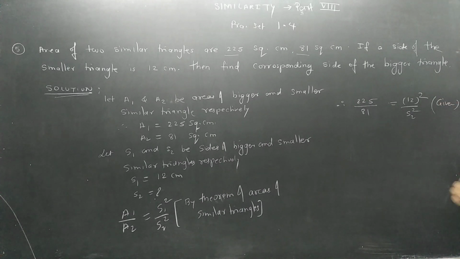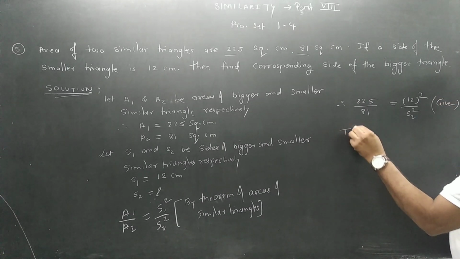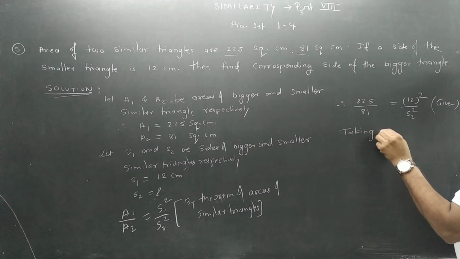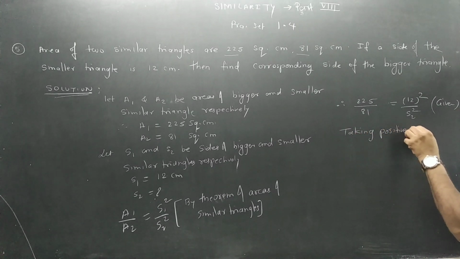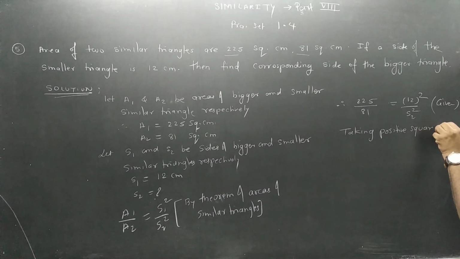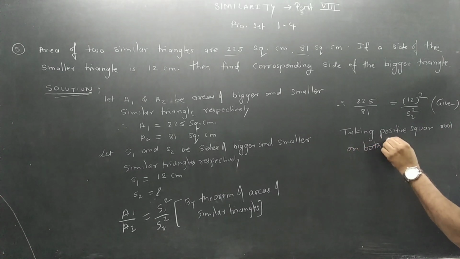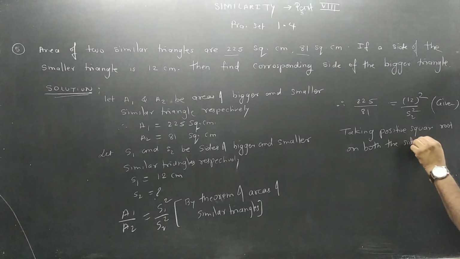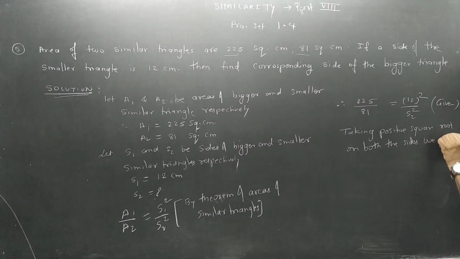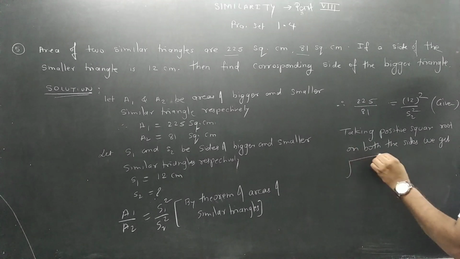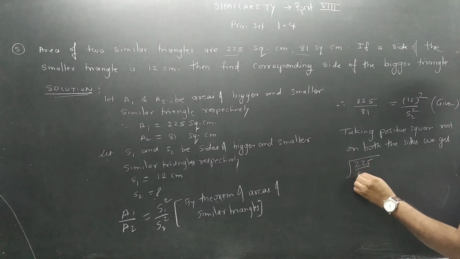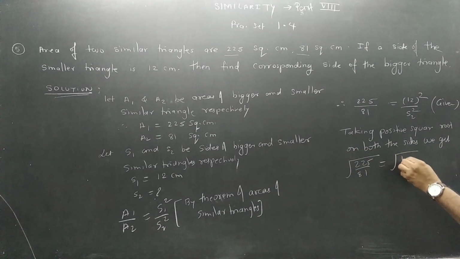Now we are going to write, taking positive square root on both the sides, we get square root of 225 by 81 is equal to square root of 12 square upon S2 square.